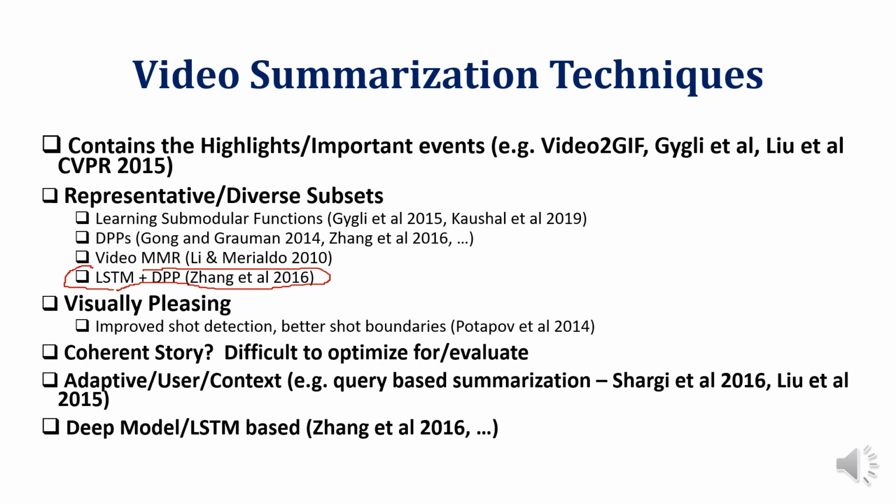In fact, DPP improvised with LSTMs to get both sequential information as part of the summary as well as the diversity that DPP offers. Some people have also looked at other notions such as visually pleasing, coherence of the story, adaptive, user context driven summarization, and so on.